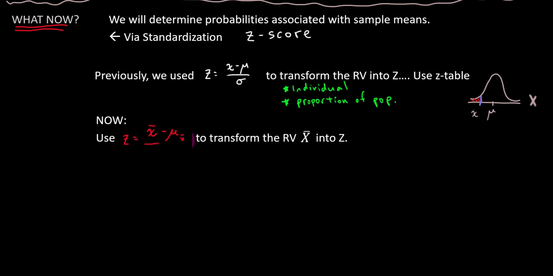And in the denominator, we have sigma yet again, but it is the standard deviation that applies to the x bars. Now, this is going to be an important little formula, but I'm going to take it one step further, because this is a formula that refers to previous formulas from just a few moments ago.